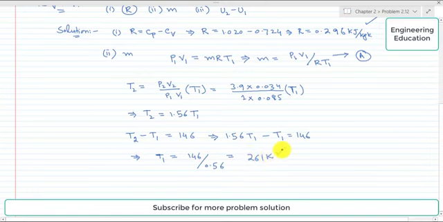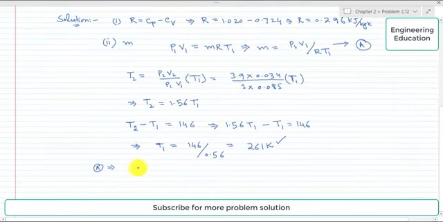Now using this value of T1 in the above expression A, all other quantities are known to us, so expression A will become: m is equal to, directly putting the values, P1 is 1 bar, converting bar into Pascal, into V1 is 0.085 cubic meter.